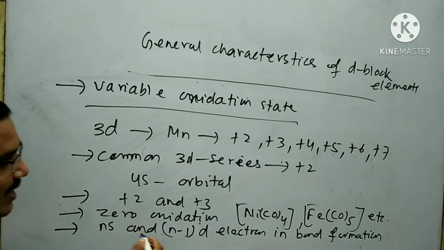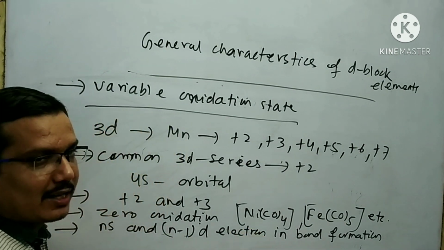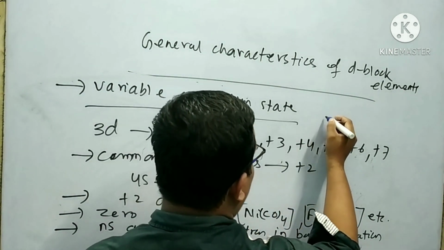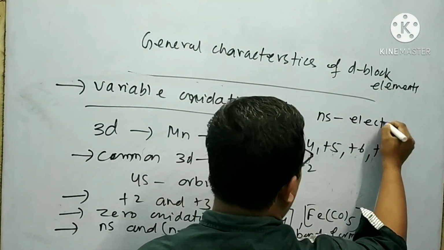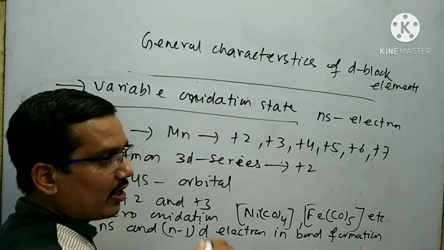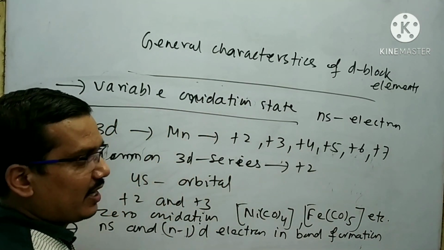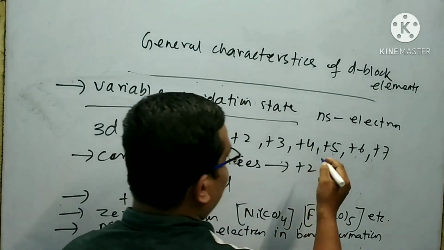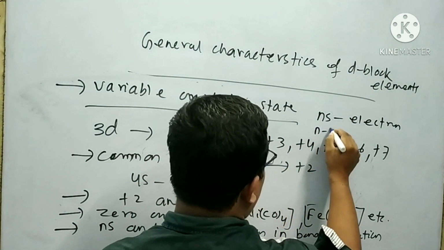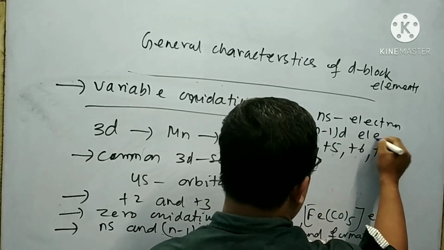Lower oxidation states are shown by the transition elements due to the participation of ns electrons in bond formation. On the other hand, higher oxidation states are shown due to the involvement of (n-1)d electrons.